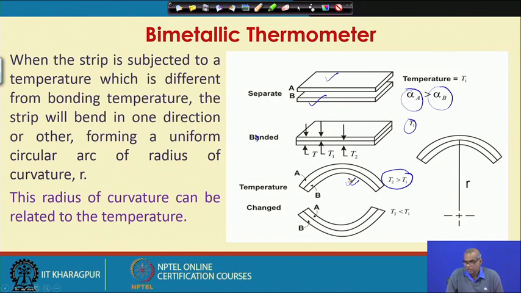Why? Because A has thermal expansion coefficient more than that of B. So, A will be changing in dimension more compared to B. So, together they will bend like this, A will be on the top of B like this.